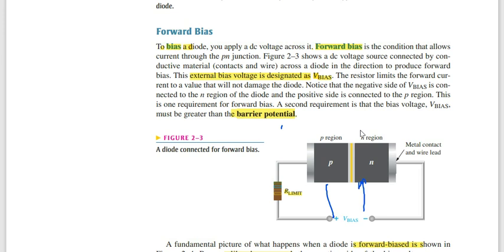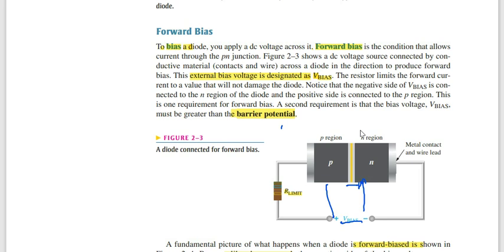So the diode is in forward bias. The bias voltage must be greater than the depletion or barrier potential. So current may flow from the P region to the N region.